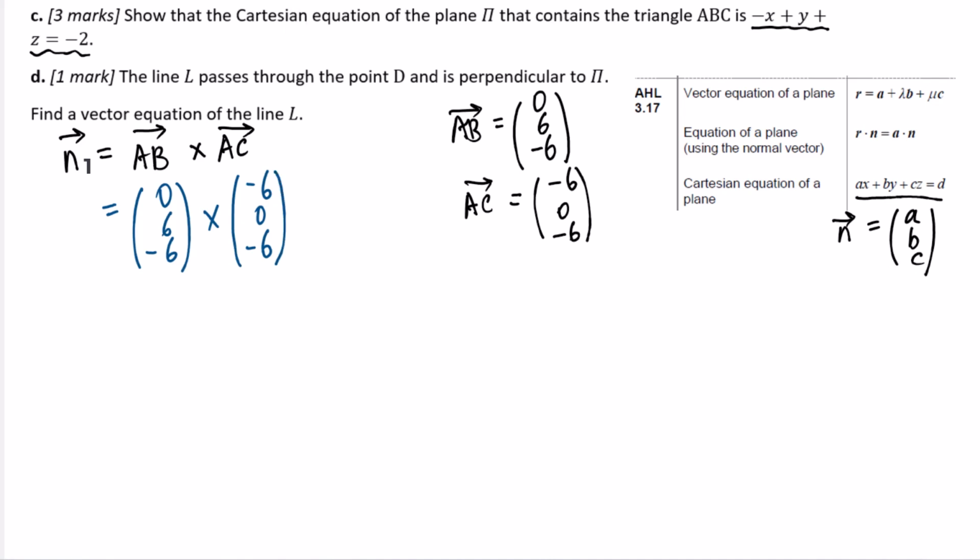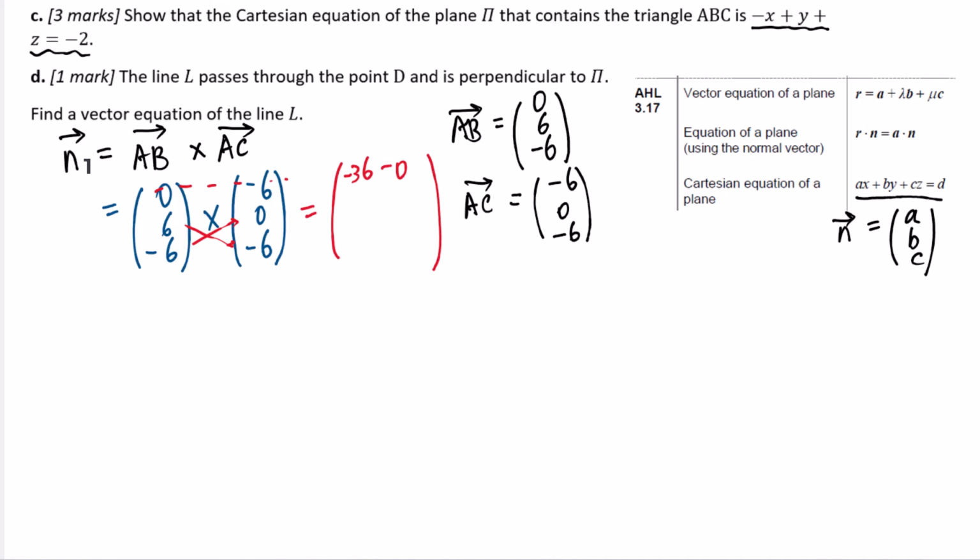First of all, we cross out the first line, then take the determinant of this matrix, which equals 6 times -6 is -36, minus -6 times 0 is 0.